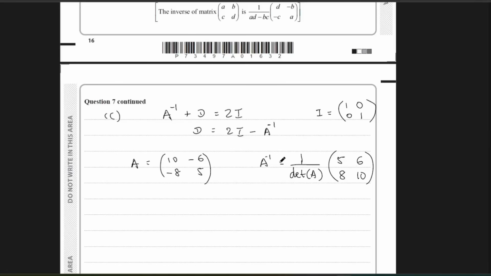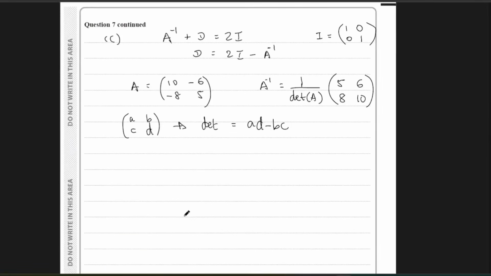So we still need to find the determinant. The formula for determinant is AD minus BC. For example, if we have a matrix A, B, C, D, the determinant of this matrix gives us AD minus BC.